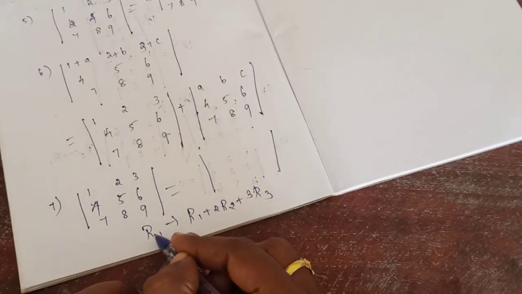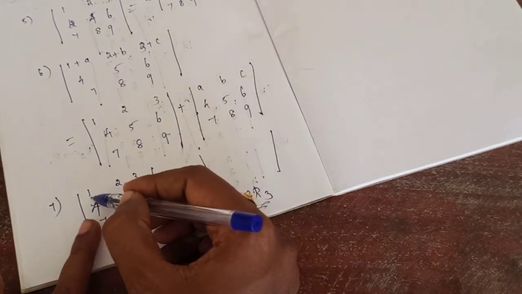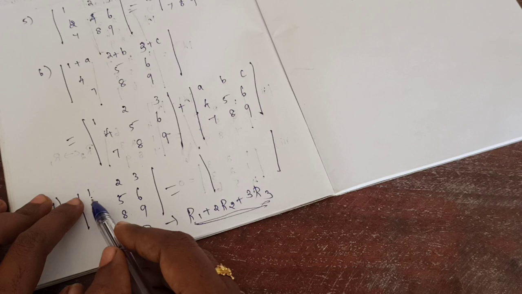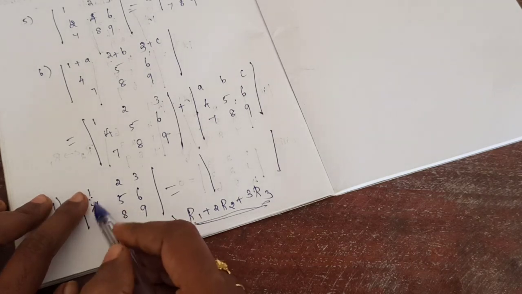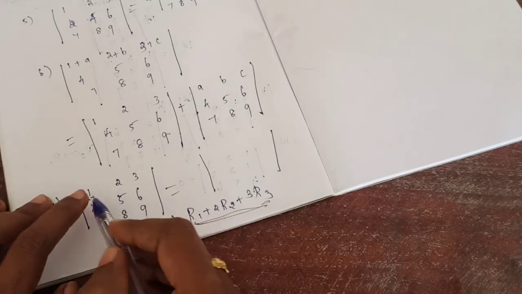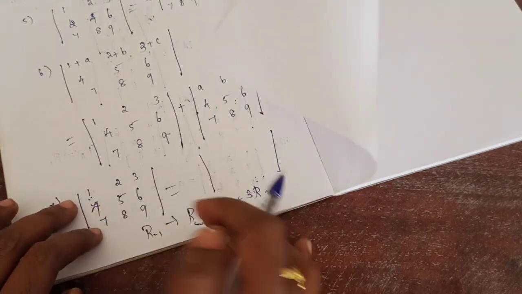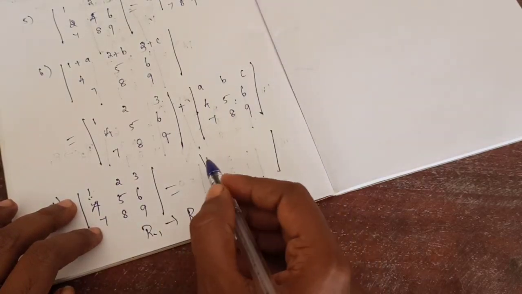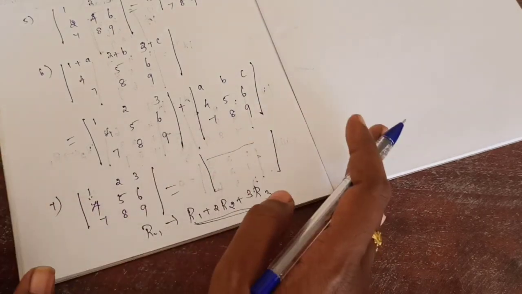If I am replacing R1 using this condition, what will happen? R1 plus: in R1, what's the first term? 1, is it right? Then plus 2 into R2, plus 3 into R3. So if we are using this condition, and R2 and R3 remain the same, the value won't change.